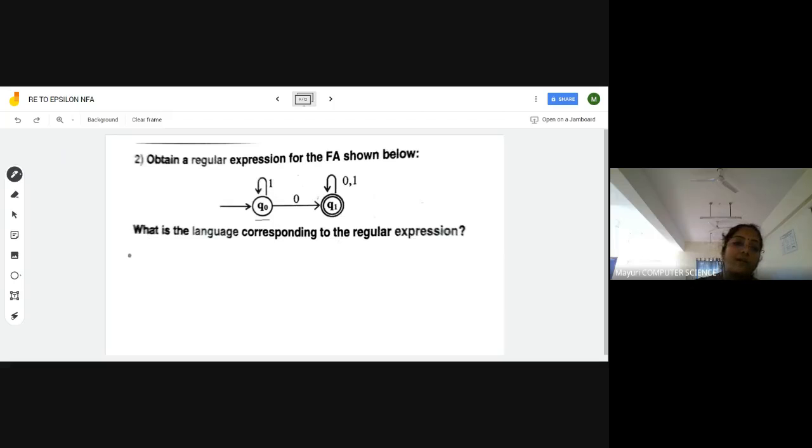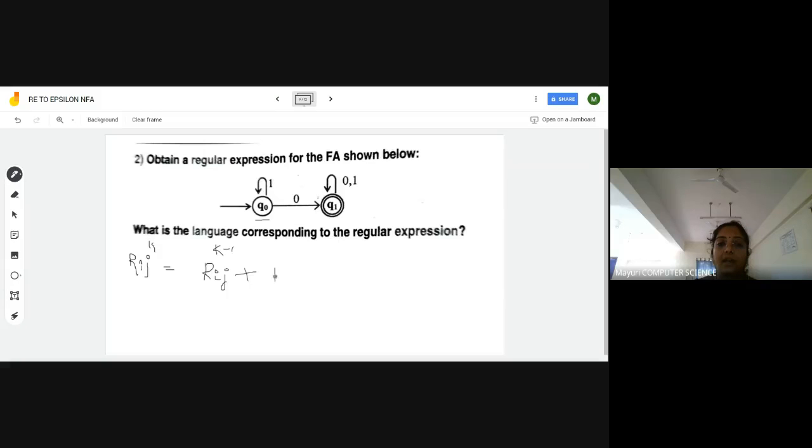So what is the formula of R_ij power k? Please make a note. I will not repeat this screen again and again. R_ij power k equals the same R_ij power k minus 1. I can go directly, or I may go through k.